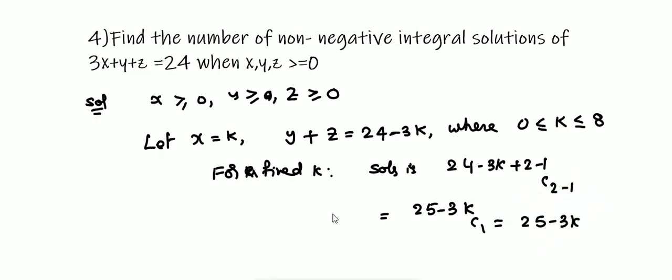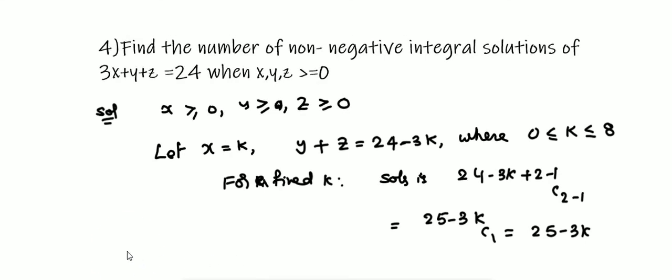So therefore the number of solutions is equal to the sum, for different values of k, where k is running from 0 to 8, of 25 minus 3k.